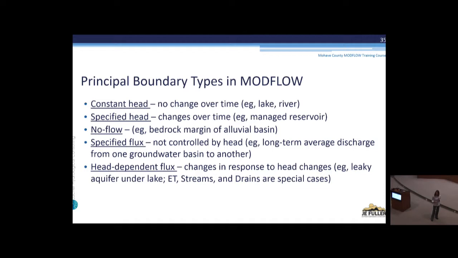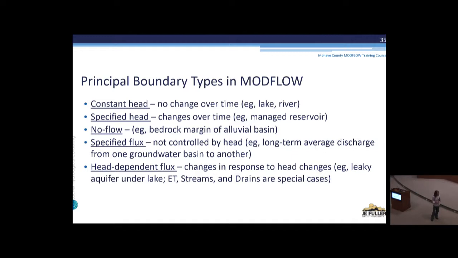We may not know what they're going to be in the future, but we can certainly do history matching to the heads in the past. And when we do that, we tell the model what that is. We don't make the model solve for that. We make that a condition of the model. So this is an important boundary in your model, this downstream specified head. And it can change over time, and it can change from one model cell to the next to the next.